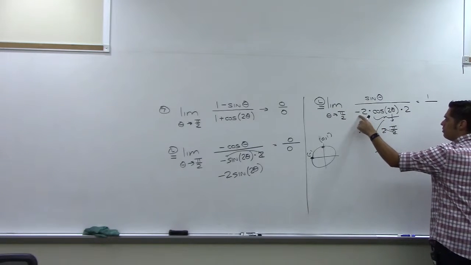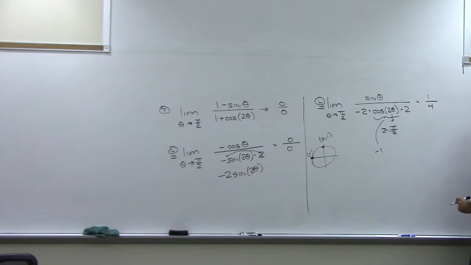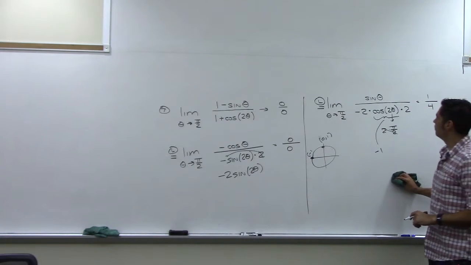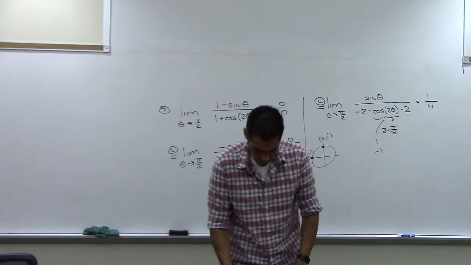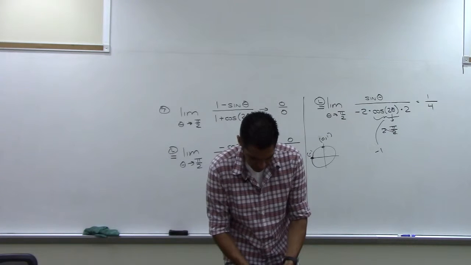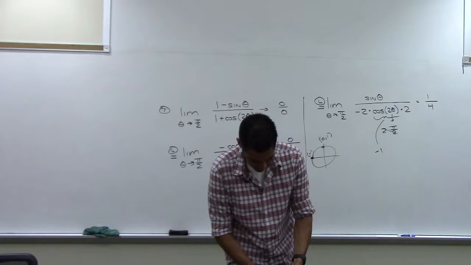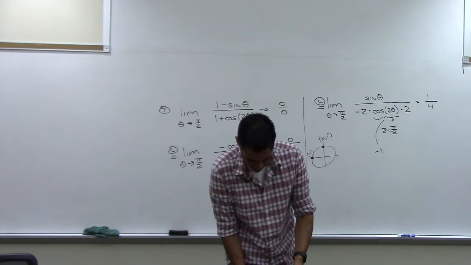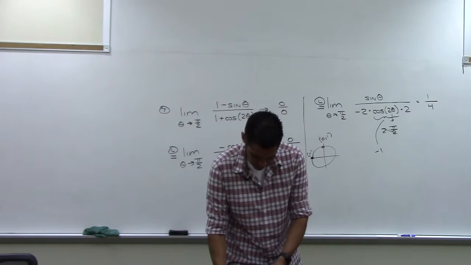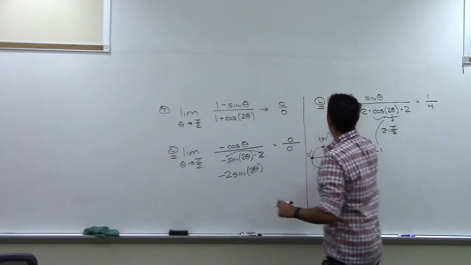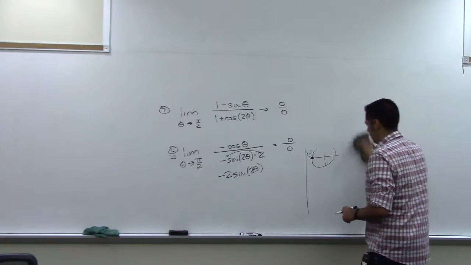So I have -2 times -1, which is 2, times 2 again, this is 4. So we should get 1/4. That's it, we're done. So that's our first example where we had to apply L'Hopital's rule twice.